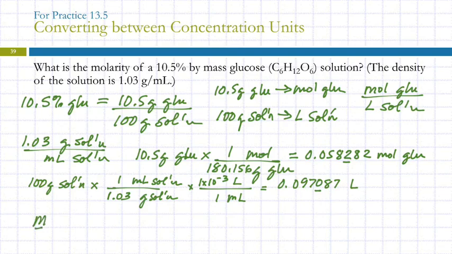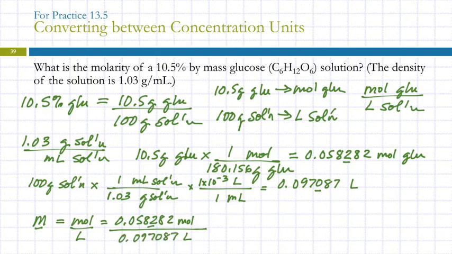So molarity is moles divided by liters. So it's my 0.058282 moles of glucose divided by the volume of solution in liters, 0.097087 liters. 0.60031.